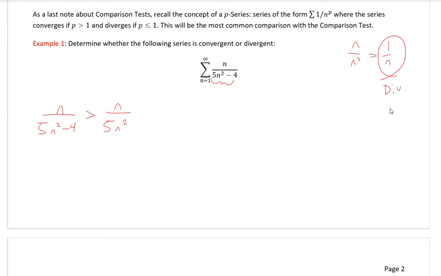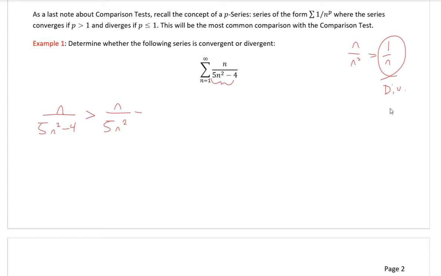Because if we take out 4, then that means this would have a larger denominator. Or rather, 5n squared would be larger than 5n squared minus 4. So therefore, because the denominator is larger, it would likewise have a smaller value overall.